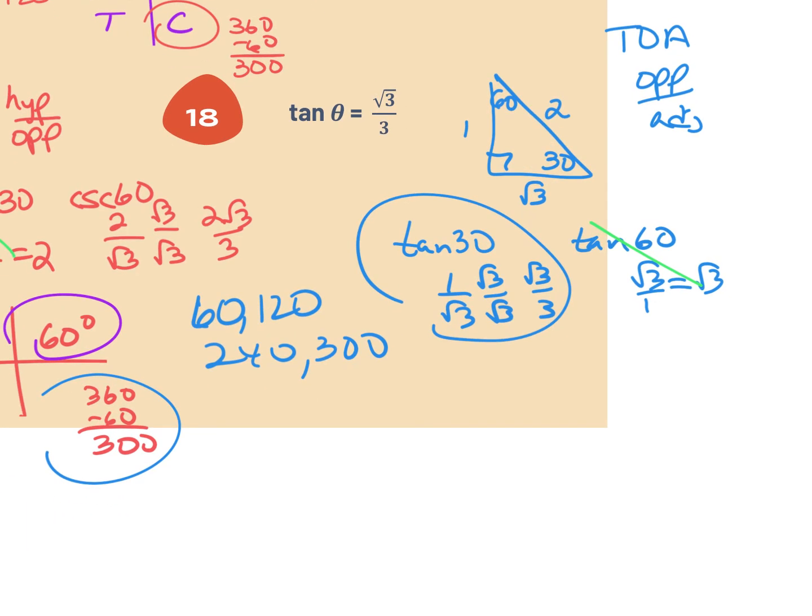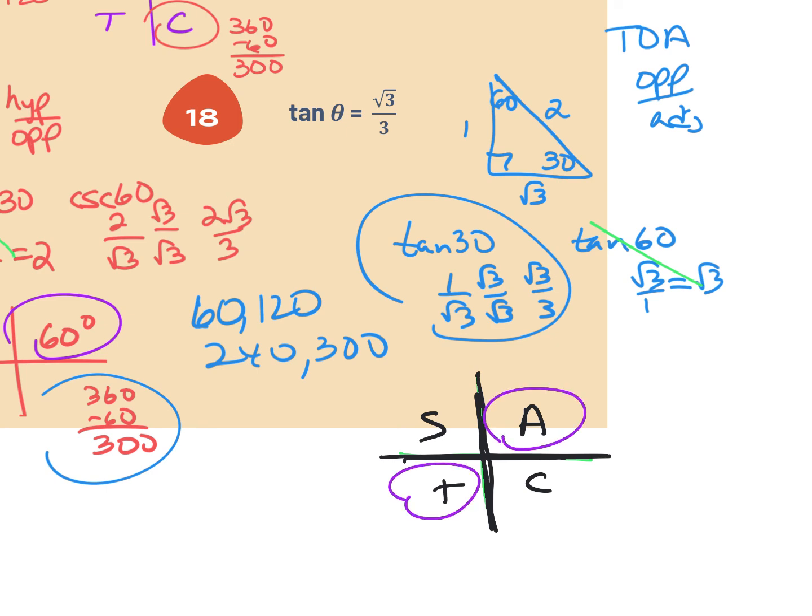So now again, I'm going to do my all students take calculus here to figure out where tangent is positive. And I know tangent is positive here and here. So I'm looking for the two angle measures with the reference angle of the 30 in both of those quadrants.